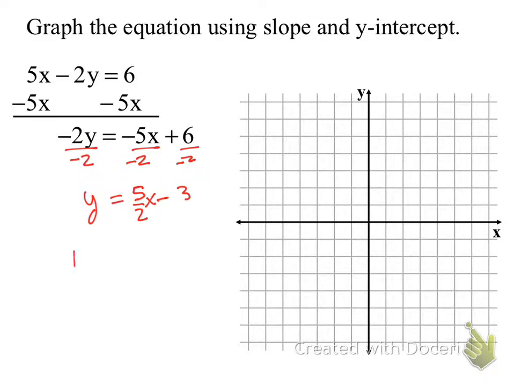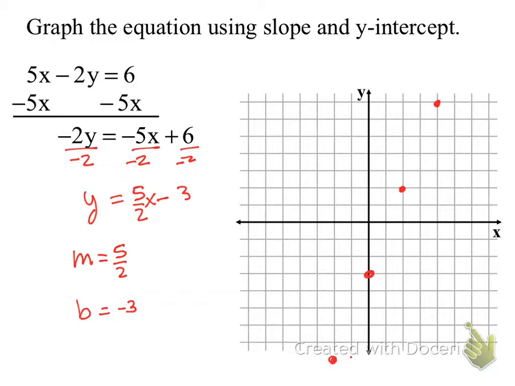So what is my m? m is 5 over 2. And my b is negative 3. So we start at negative 3. Stop. We are rising 5 over 2, or down 5 over 2.